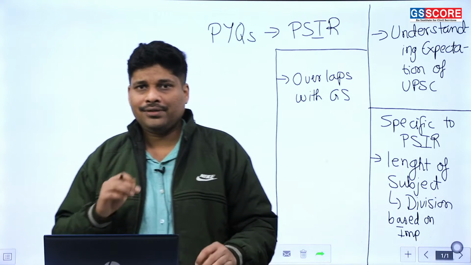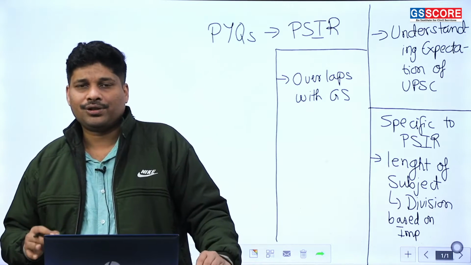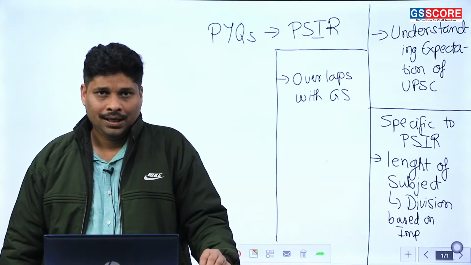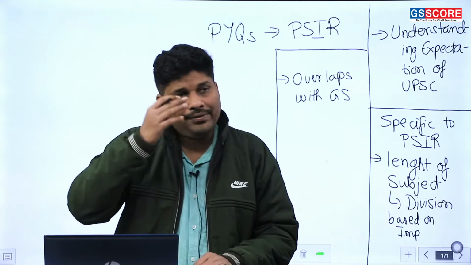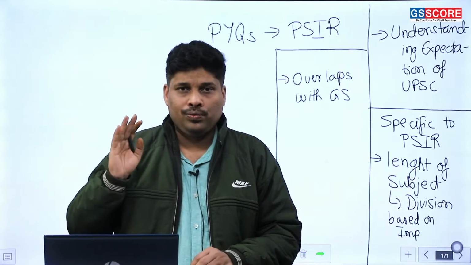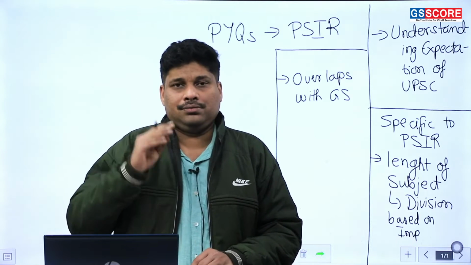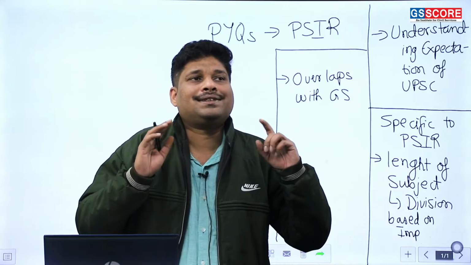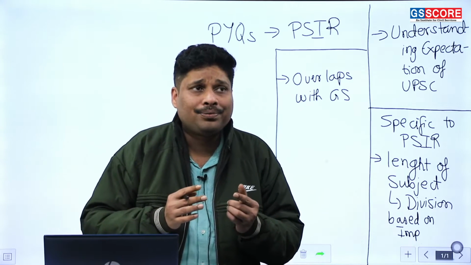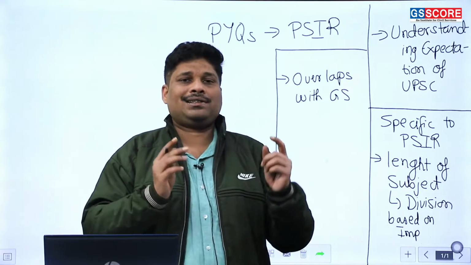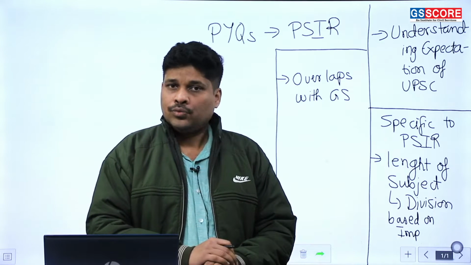In PSIR, they will ask you about the composition of the Election Commission. They will ask you to evaluate its role till now, to narrate its evolution, and to compare it with other election bodies around the world.